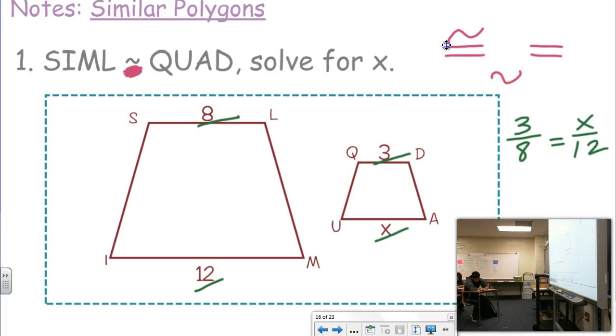And then we're going to cross multiply like we did yesterday. That's why we talked about fractions yesterday, because we're using a lot of fractions when we're solving for missing sides. Make sure you keep your corresponding sides together. 3 goes with 8, so keep that in the same fraction. X goes with 12, so keep that in the same fraction.